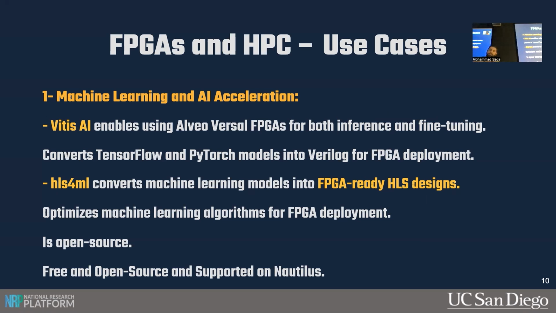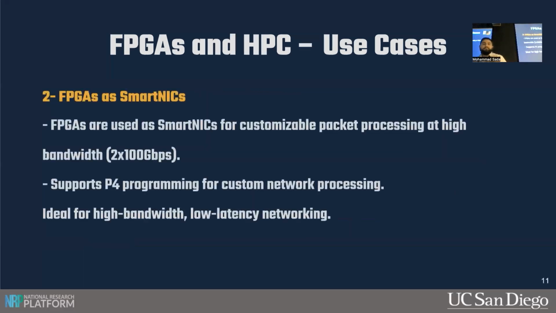It converts machine learning models into FPGA-ready HLS designs. So it takes the models, turns them into HLS, compiles them to Verilog, and loads them on the card. It is fully open source, academic, free, and available and supported on Nautilus. And it's what Elham is going to talk about and walk you through a tutorial on, using HLS for ML to load a neural network onto the U55C FPGAs.